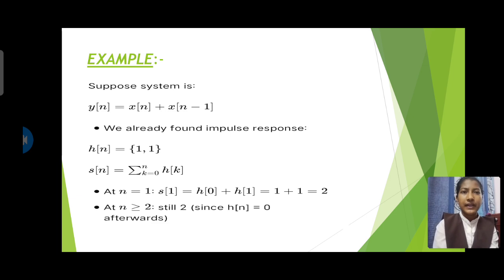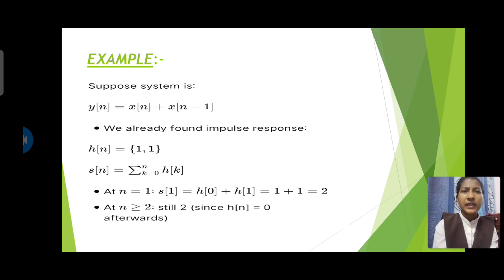If we consider an example, y of n is equal to x of n plus x of n minus 1. We already found that h of n is equal to 1 comma 1 in the example of impulse response.